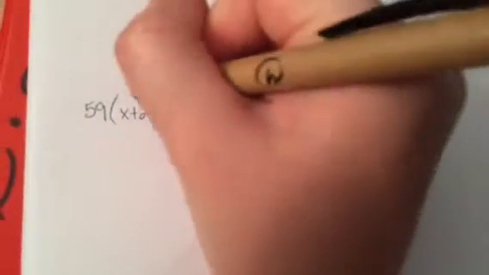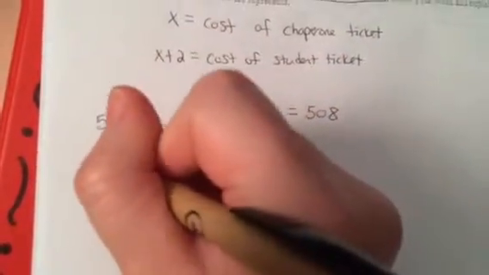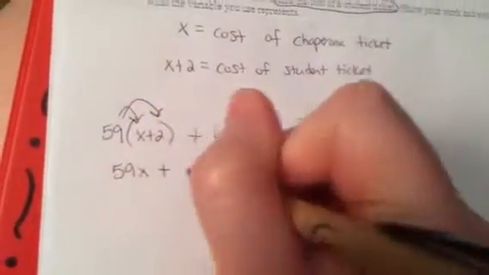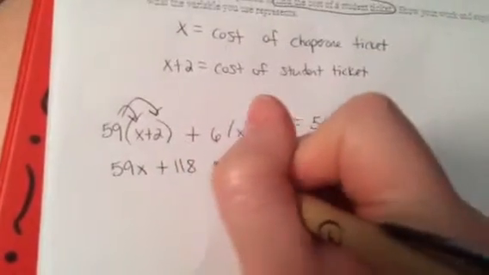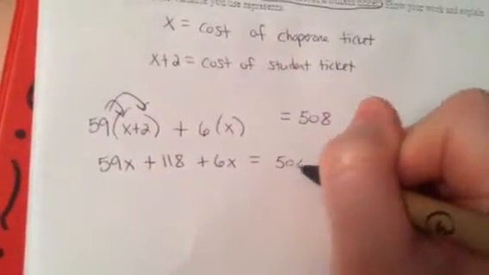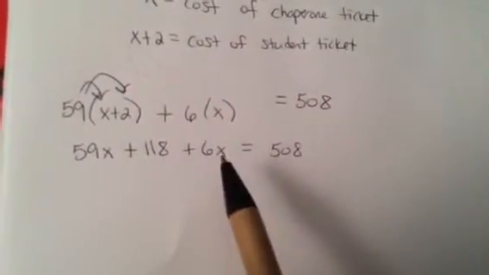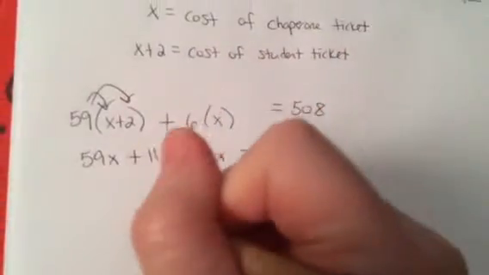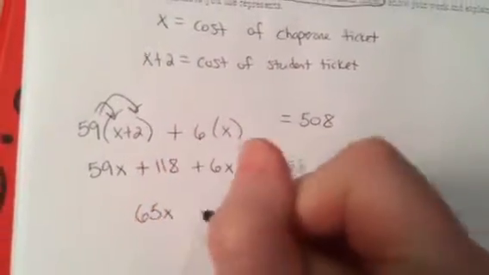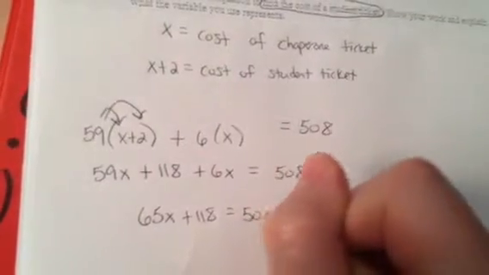Go ahead and distribute the 59 to the x and the 2. So we get 59x plus 118 plus 6x equals 508. Combine like terms: 59x plus 6x is 65x, plus 118 equals 508.